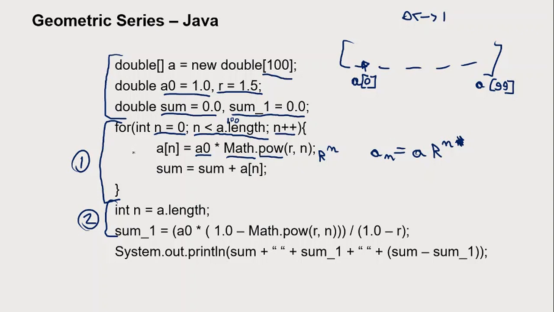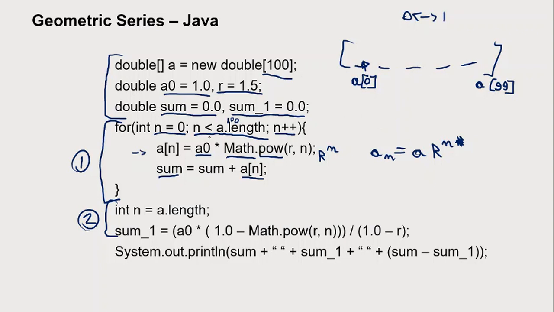So here in that line, for any n, we are basically calculating the value of that term and then placing it inside of the array. And then in the second line, we update the value of sum by the newly found value that just entered my array.